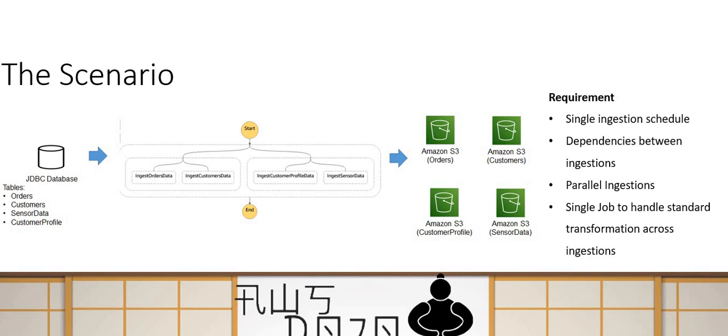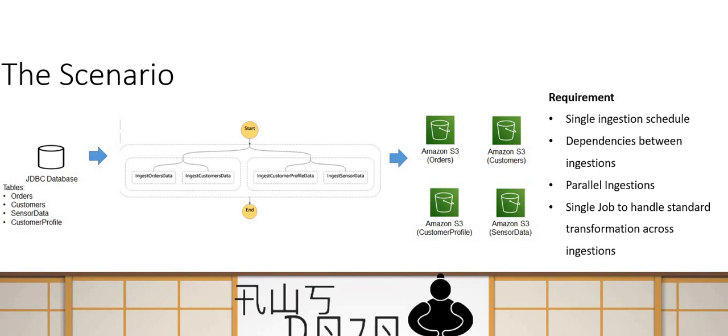You can create such dependency if you want. You can also do parallel ingestion, which is a very common requirement, where you say I have 50 tables and I want to ingest 10 tables at the same time, then the next 10 tables, then the next 10. You can do that kind of parallel ingestion as well.